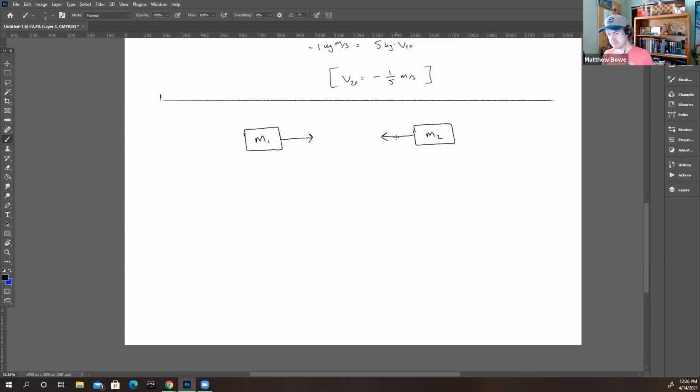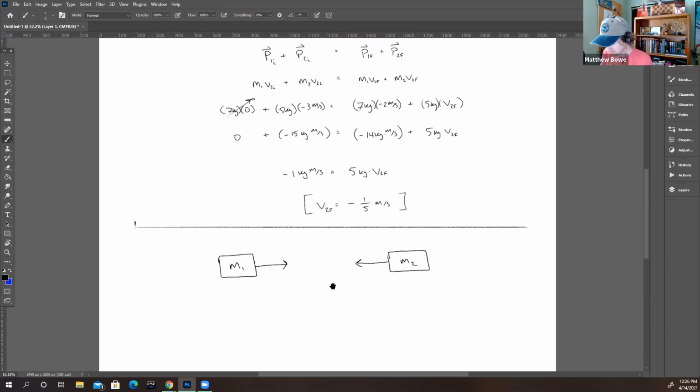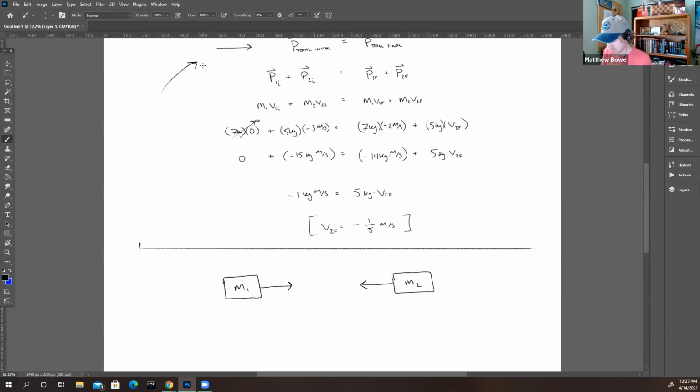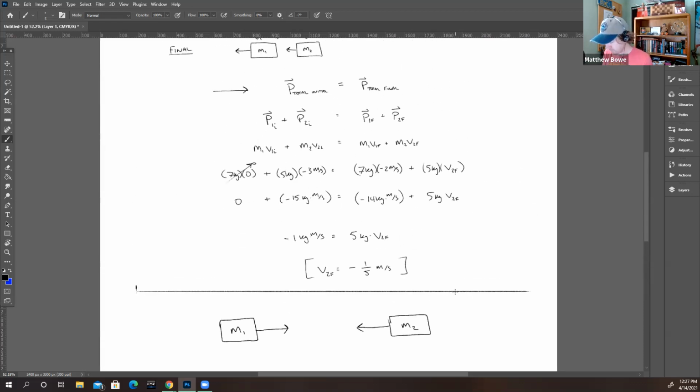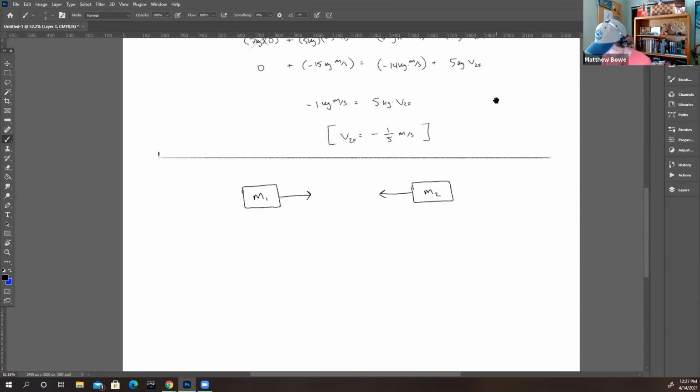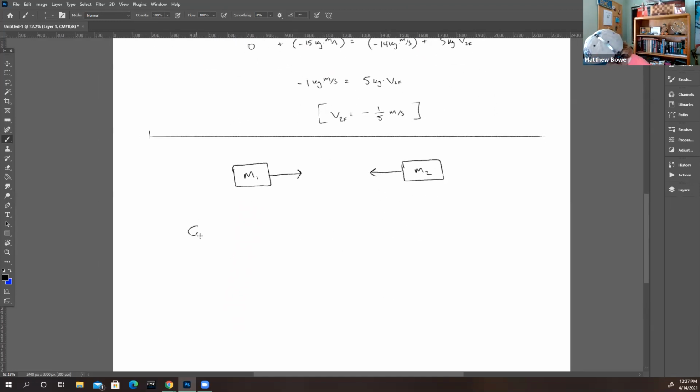And we're going to see which way we can do this momentum analysis we've done before. Up at the top, we've done total before, total after. So that's case A.